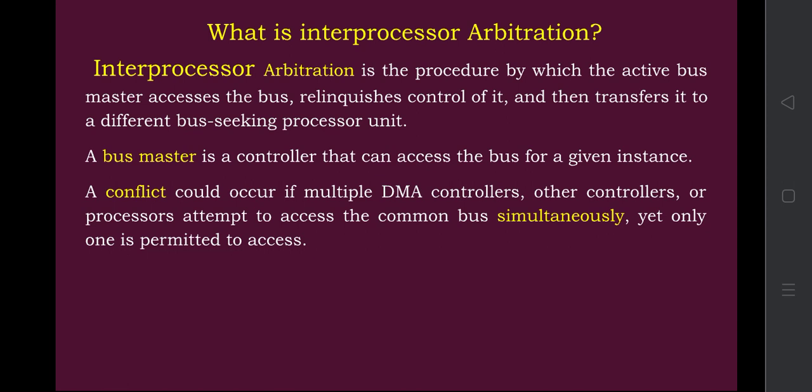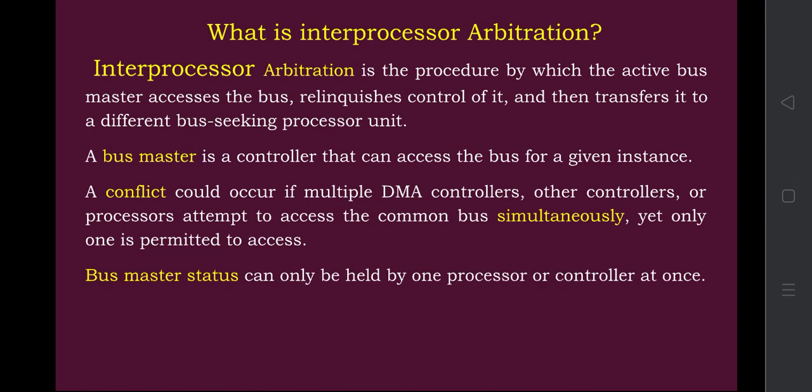Simultaneous access is not possible, so only one can get control of the bus. When many processors or resources request the bus, there occurs a situation called conflict. This conflict has to be solved by the bus master. The bus master status can only be held by one processor or controller at once.